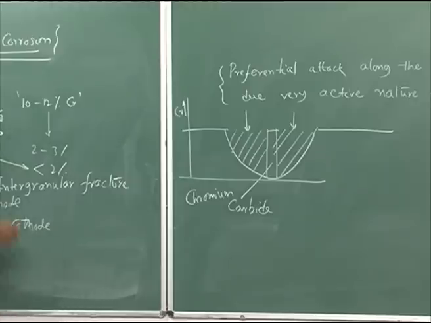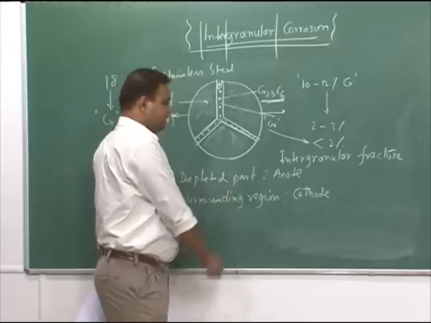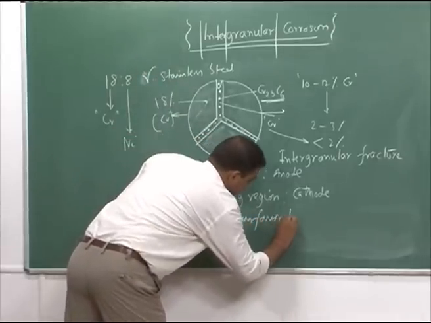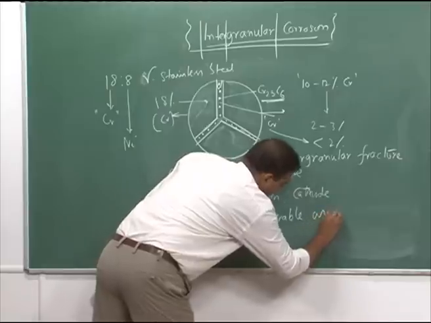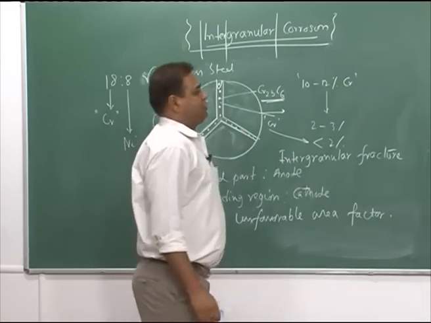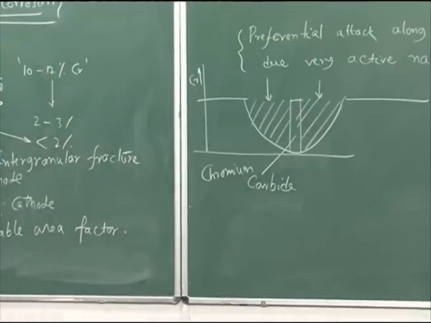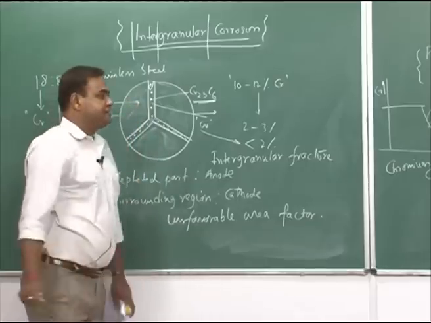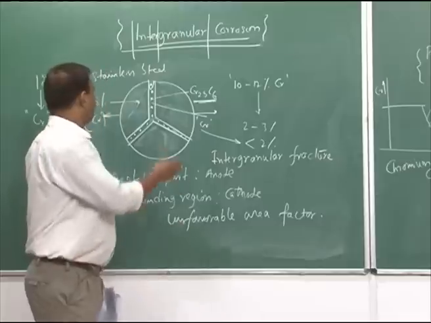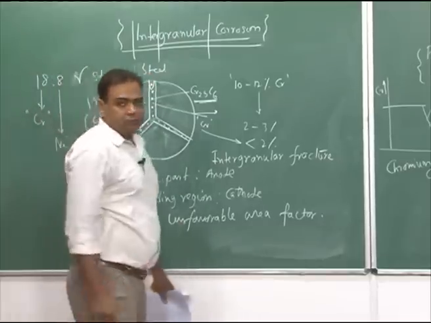And finally, we have corrosion attack along the grain boundary due to this effect and also the unfavorable area factor. So, this is the nature of intergranular attack in case of 18-8 stainless steel, and the situation would happen if we have preferential formation of chromium carbide along the grain boundary zone.